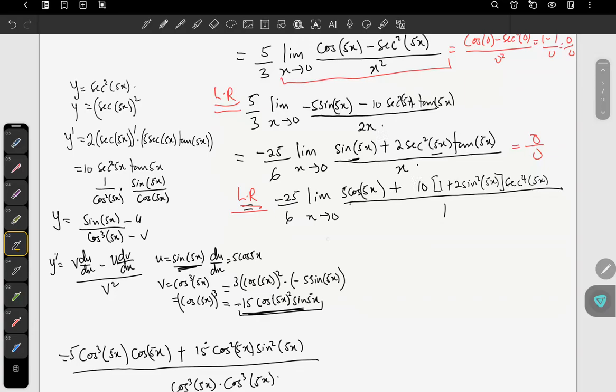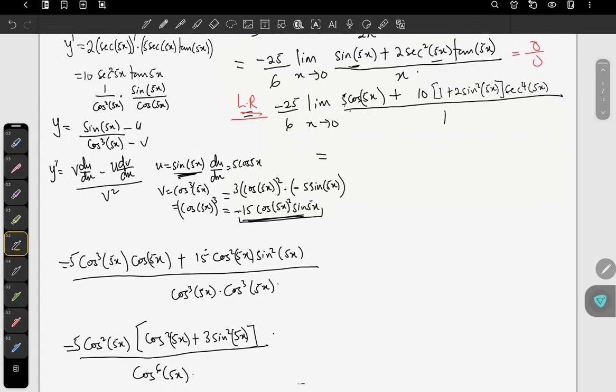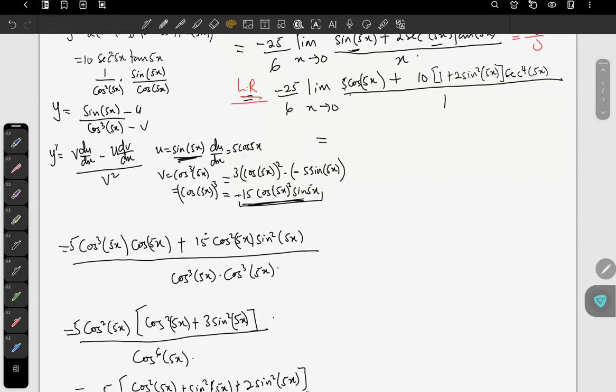And this is now equal to, I can factor out a 5 again. 5 times 25 is 125. So before I do that, let me clean up this mess.